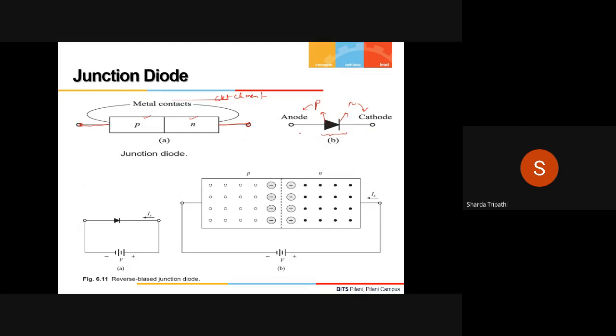So there could be two possibilities of how this is connected across any external voltage source. So first of all, we define the term biasing. What is biasing? Biasing is the application of external DC voltage to a diode.